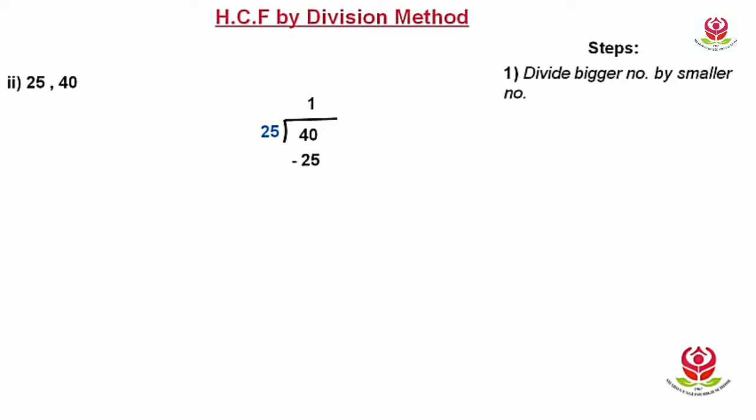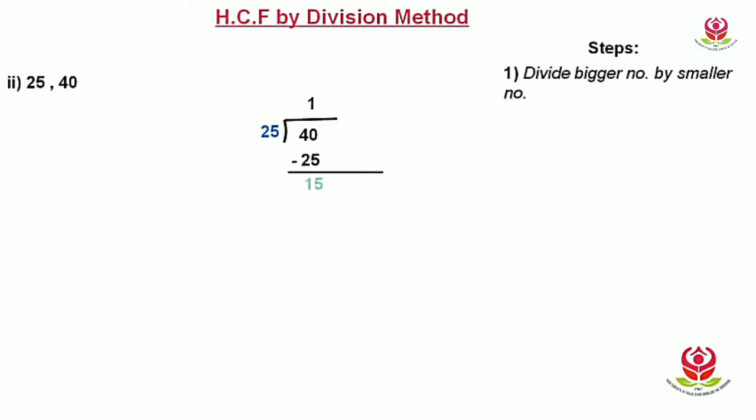Now second example, 25 and 40. So our first step, divide the bigger number by the smaller number. So 40 inside and 25 is the divisor over here. So 25 ones are 25, so you subtract 40 and 25, so the remainder is 15.